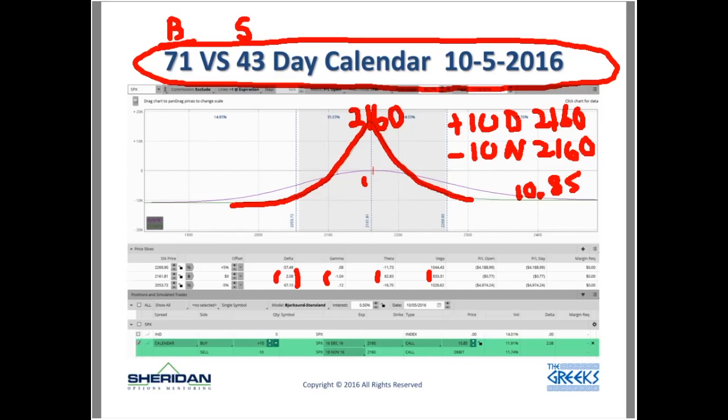So when you get longer term calendars over 30 days, volatility is a big component. It's a big issue. When I'm looking at calendars 4 to 11 days from expiration, I don't look at this as much. It's not as big a deal.